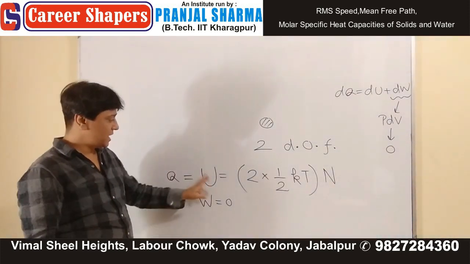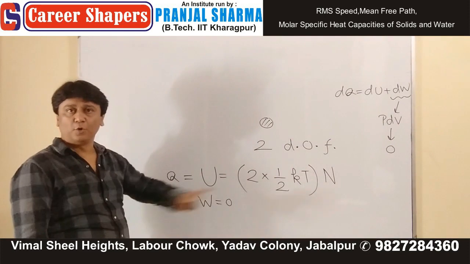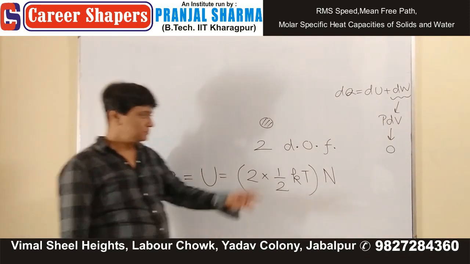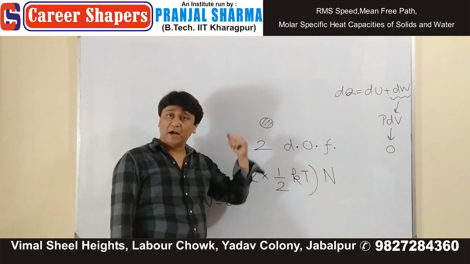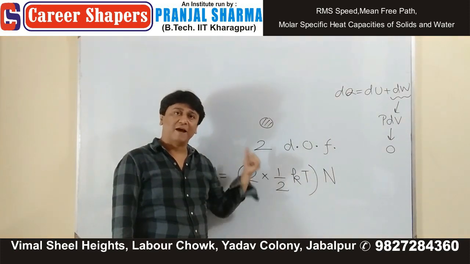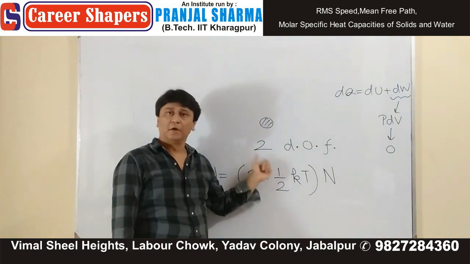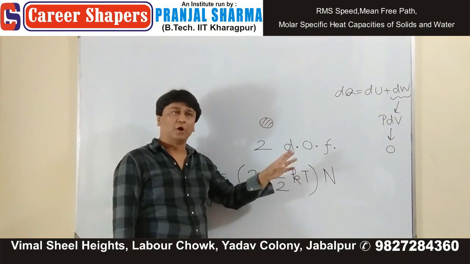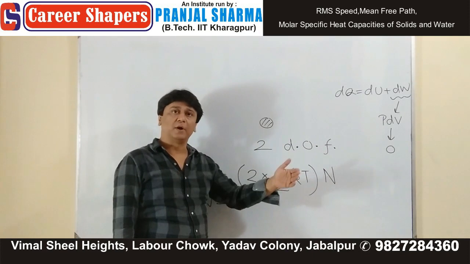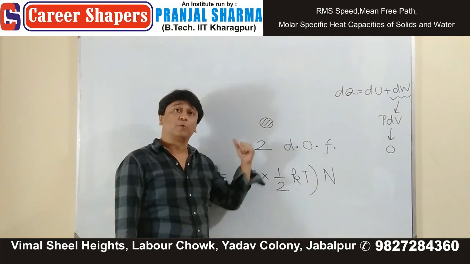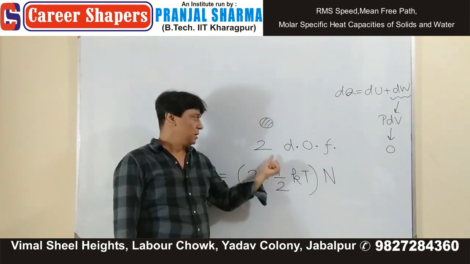That tells us that U and Q, they both are the same. Since an atom of a solid can only have vibrational degrees of freedom, for vibration we always take 2 degrees of freedom, one for kinetic energy part and the other one for potential energy part.